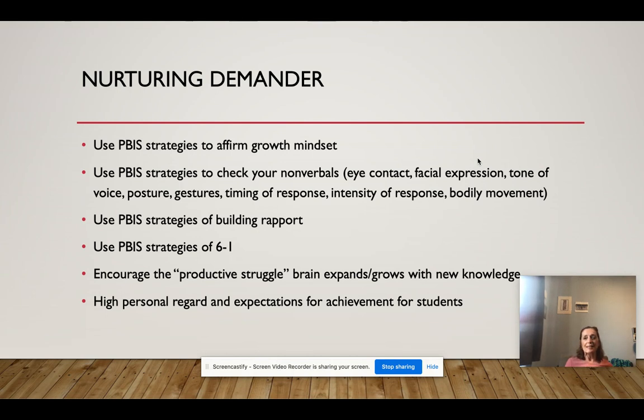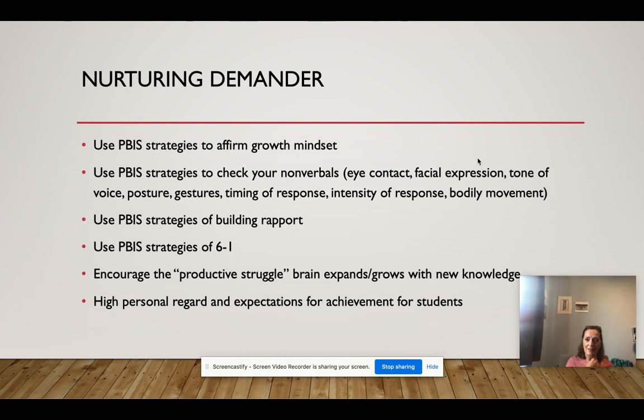Being a nurturing demander is being able to connect and redirect, but also be able to have that high personal regard and expectations for all students. You want to be in touch with yourself around, are you cutting anybody slack and why are you doing that?